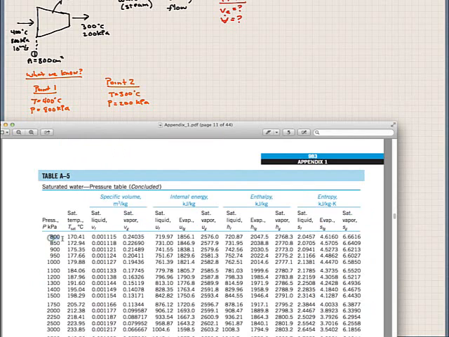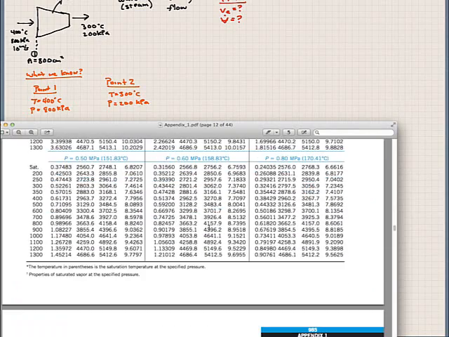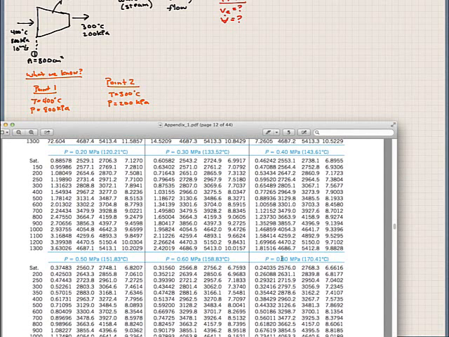Here we go, 800 kilopascals. So anything above 170.41 degrees Celsius is going to be a superheated vapor. And sure enough, we have 400 degrees Celsius, so we know we have a superheated vapor. We'll go to our tables here at 0.8 megapascals, which is what we have, and a temperature of 400 degrees Celsius.